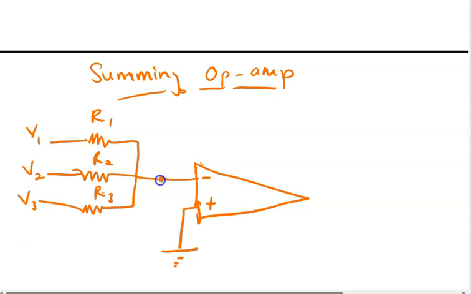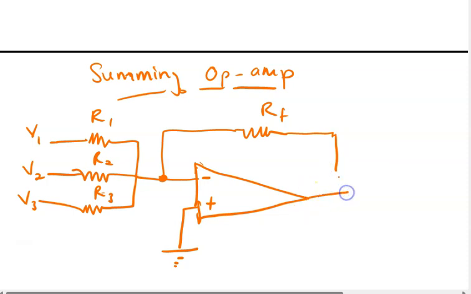And with it, we have a common resistor, which is termed RF. That is the feedback resistor. They are all connected towards the virtual ground, which can be located at this point.